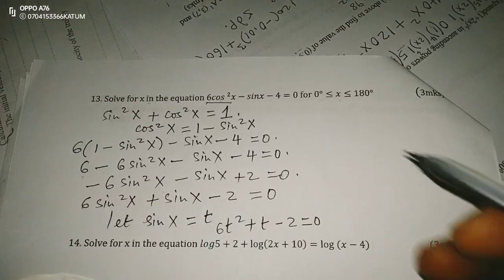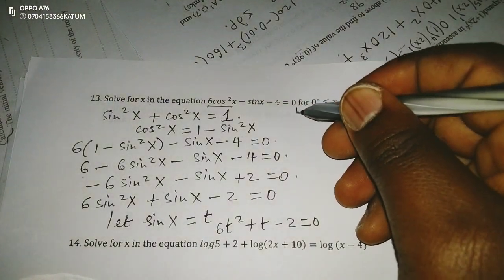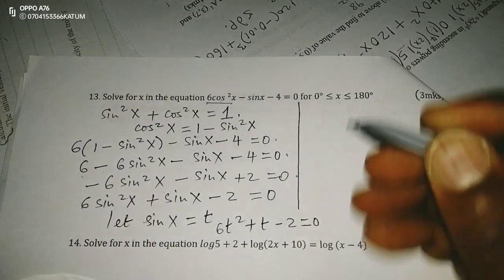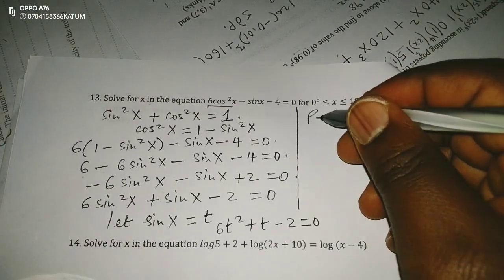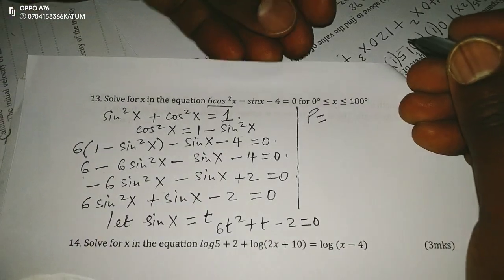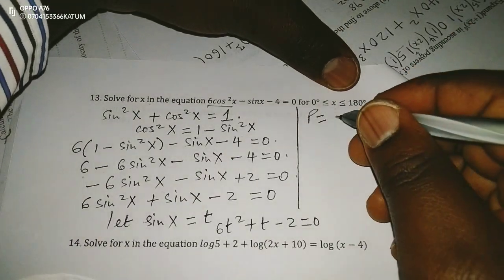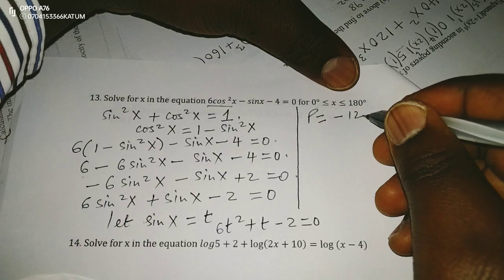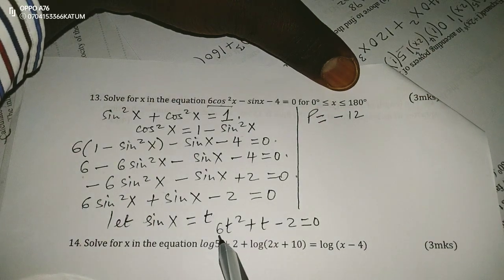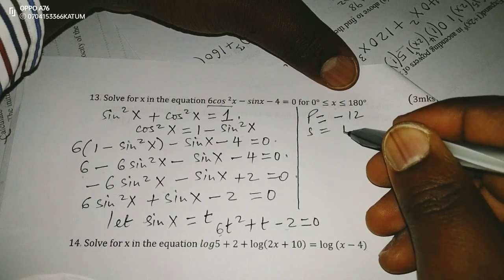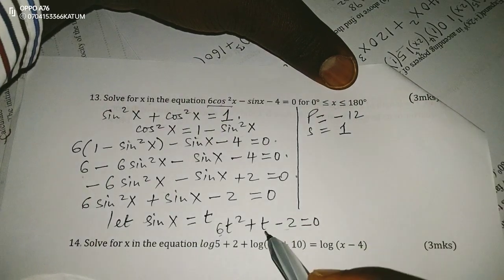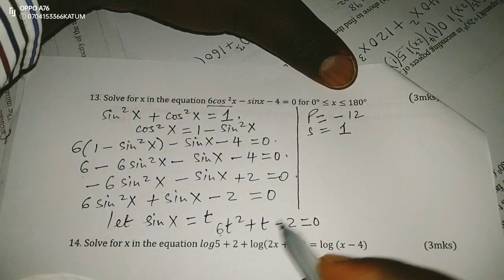With this, we can solve the quadratic equation, whereby we need a product of a times c, which gives us negative 12 because it is 6 and negative 2, and a summation equal to b, which is 1, the coefficient of t at this point.